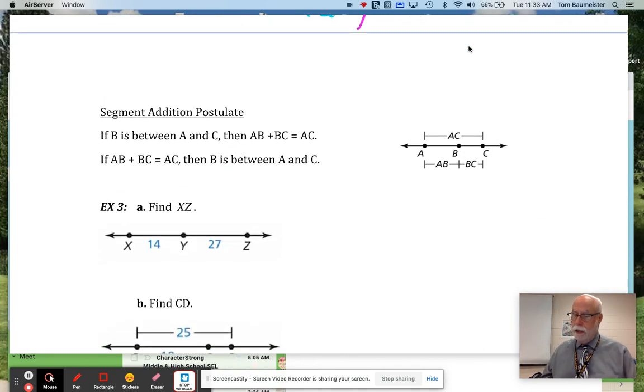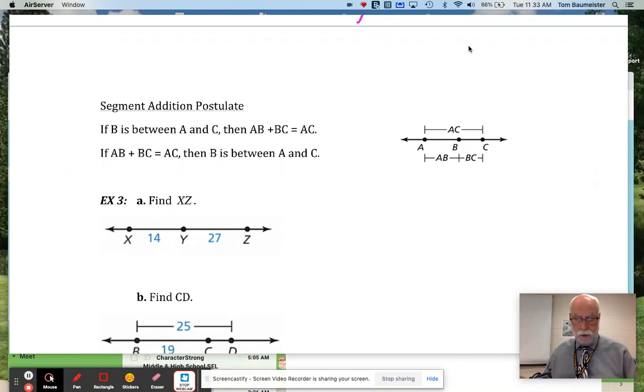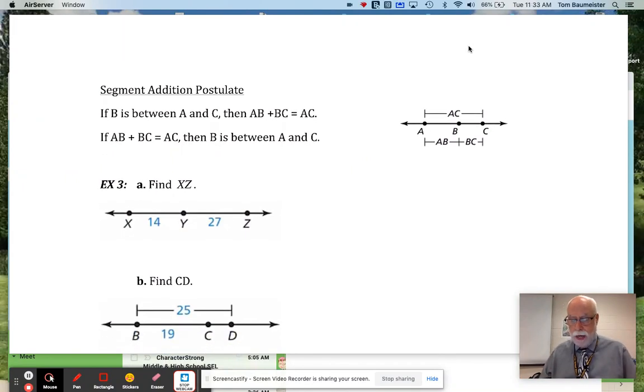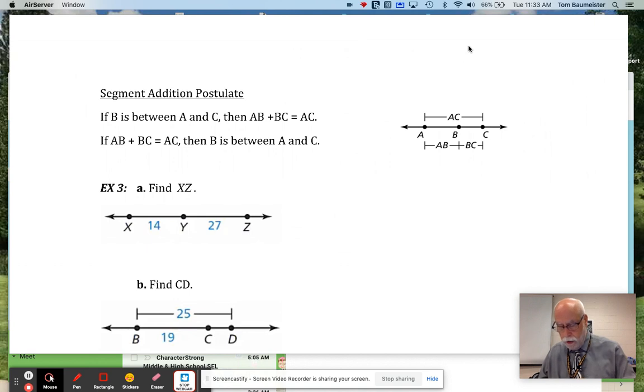All right, our next one, we've seen the segment addition postulate before. It says if B is between A and C, then we can say that the distance AB plus BC, if we add those together, is the same as the total length AC.